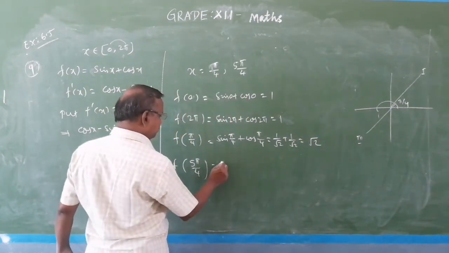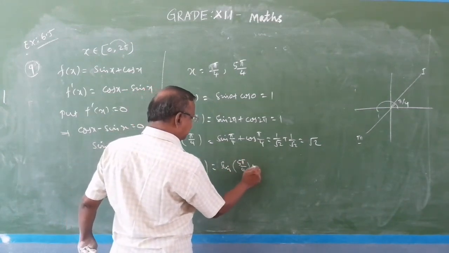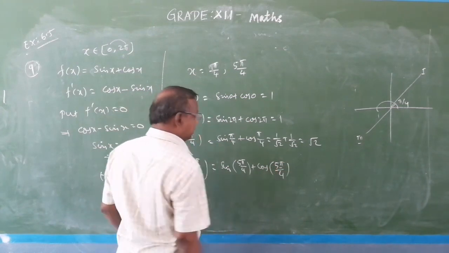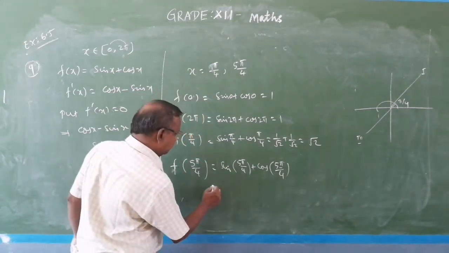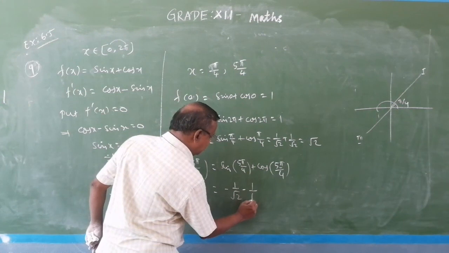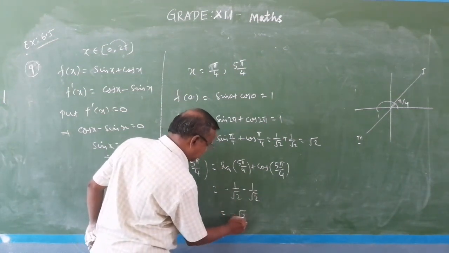And for 5 pi by 4: sin 5 pi by 4 plus cos 5 pi by 4, both lie in the third quadrant. Both sin and cos are negative in that quadrant, so it equals minus 1 by root 2 minus 1 by root 2, equal to minus 2 by root 2, equal to minus root 2.